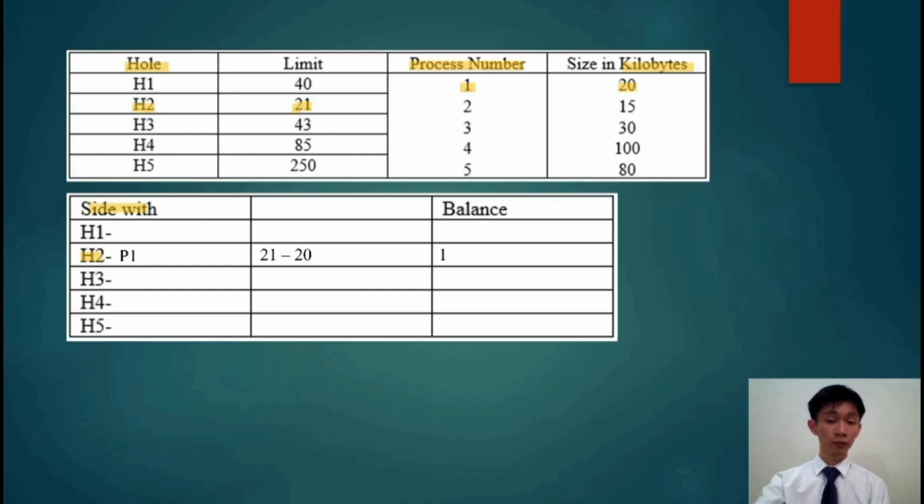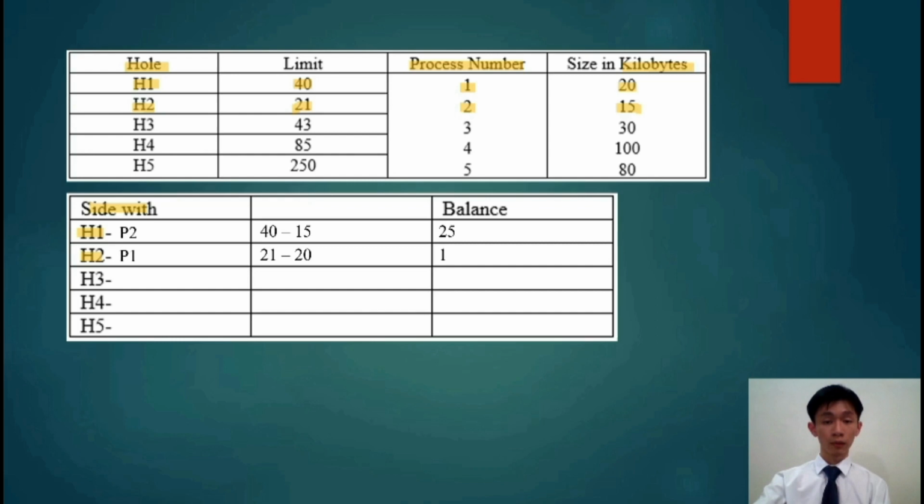The next one is P2 with 15 kilobytes. Which fits best with this 15? Hole 1, with 40, right? So hole 1 is with P2. The calculation is 40 minus 15, and we get 25.